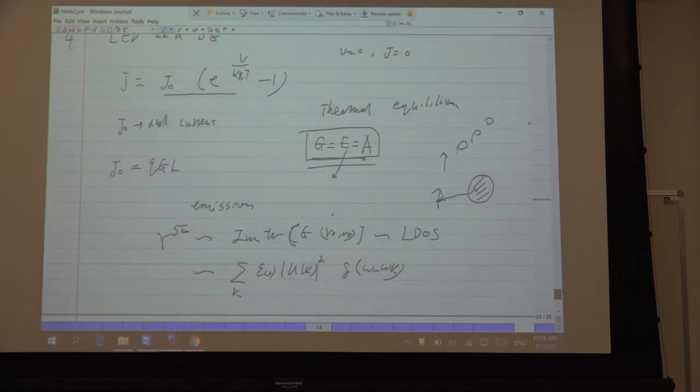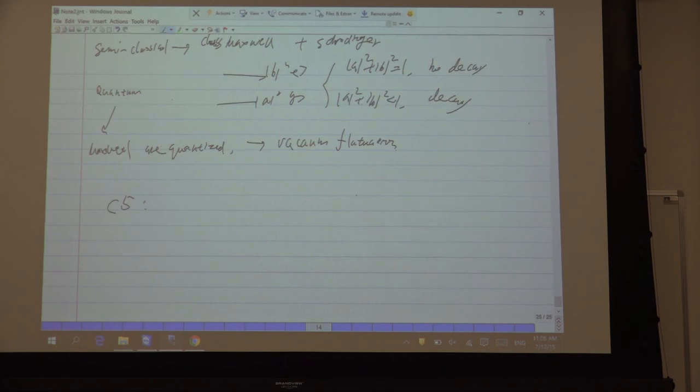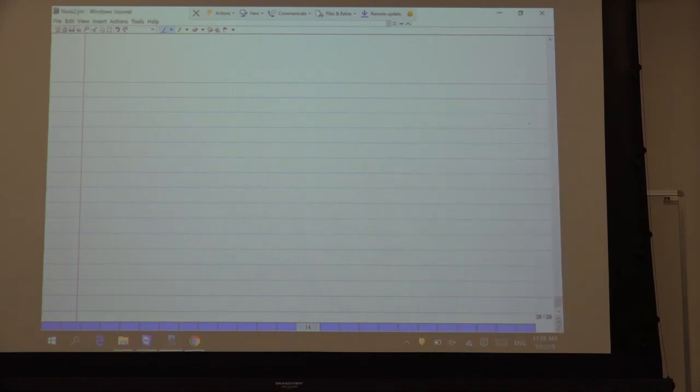So we have 3 questions: the LED working principle and device structure, then the definition of DOS and LDOS, and how to suppress or increase LDOS. So we have the 5 questions. Let me repeat the 5 questions. I hope you can clearly answer them so you can pass the exam.